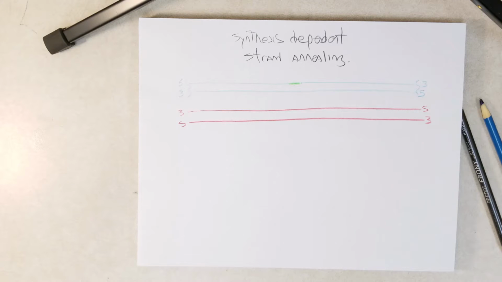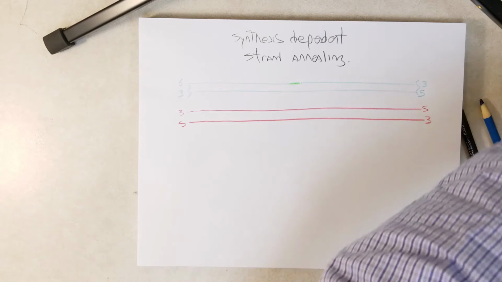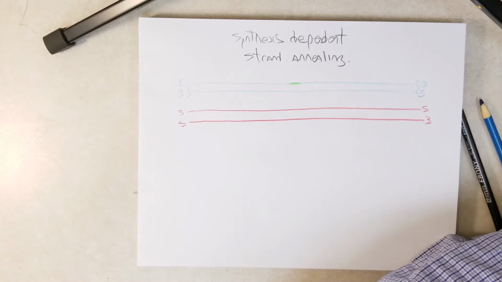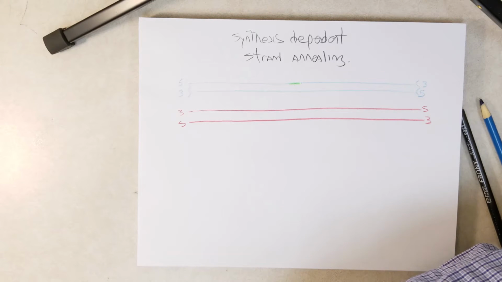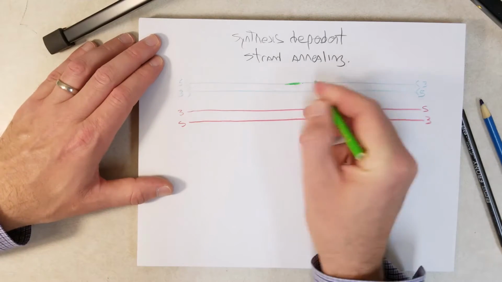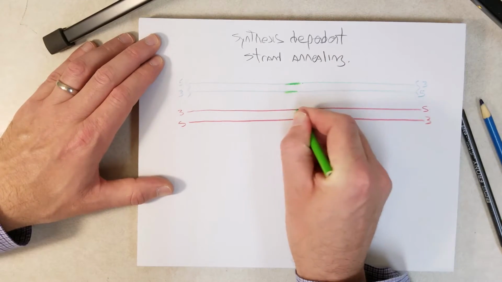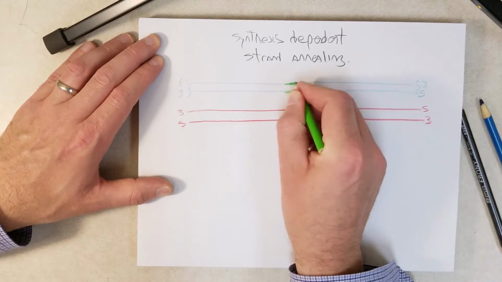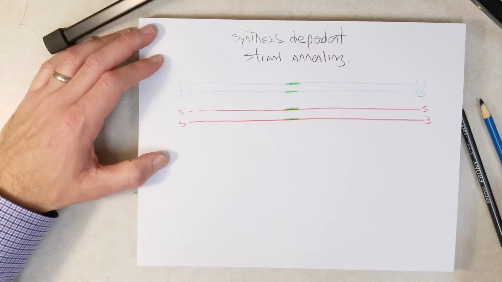We need a darker green. Okay, maybe this one's a little darker. So I'm going to indicate a few base pairs in these two strands with this green color right here.